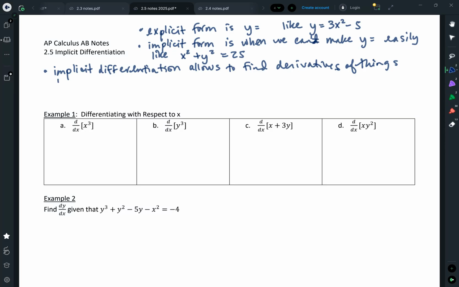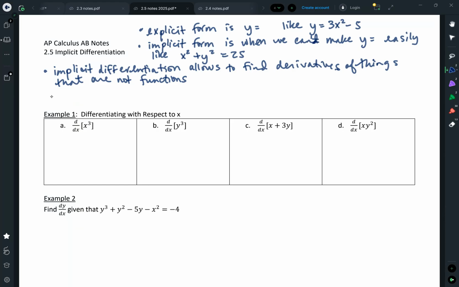Because let's face it, a circle is not a function. It does not pass the vertical line test. And you're going to find lots of other really creative looking equations that you probably never imagined before that are similarly not functions. So it allows us to take derivatives of lots of stuff.